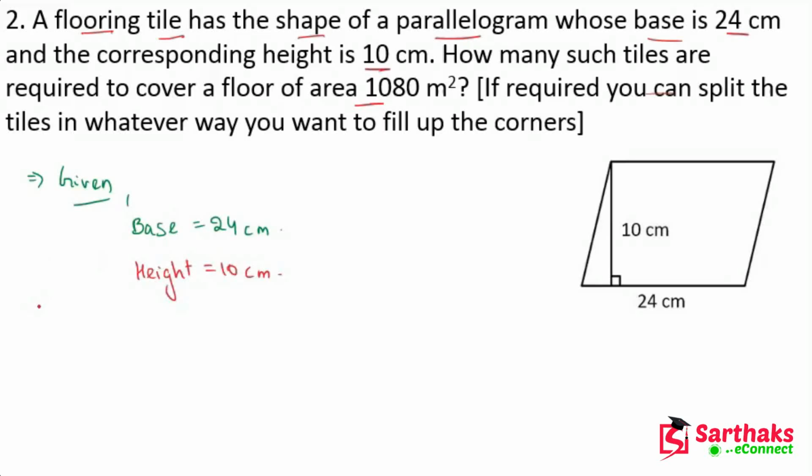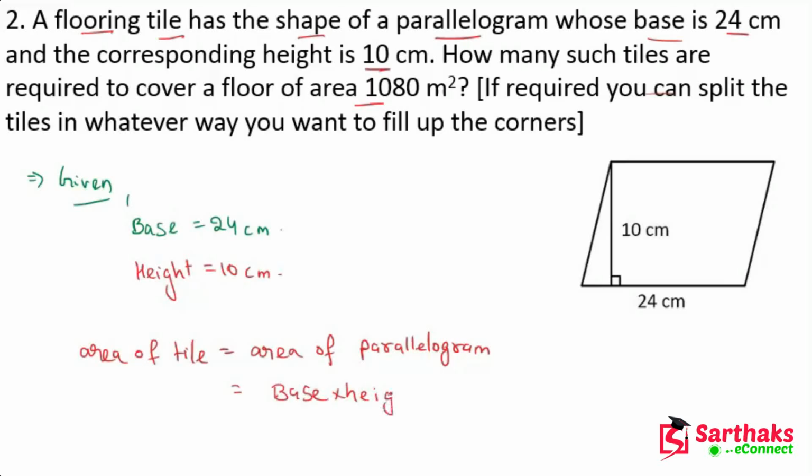So from this, area of tile is equal to area of parallelogram. We know that the area of parallelogram is base into height. This is very simple. Okay, and this is 24 into 10, which is equal to 240 centimeter square.